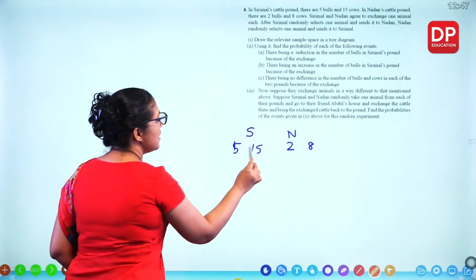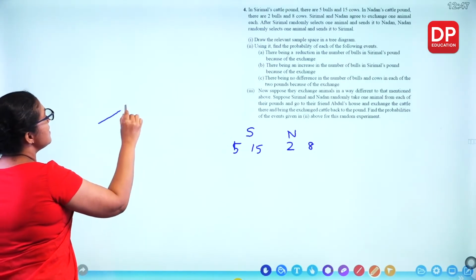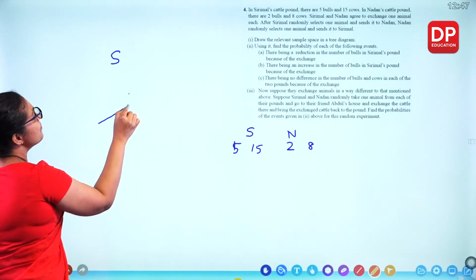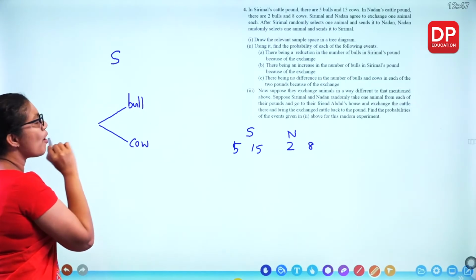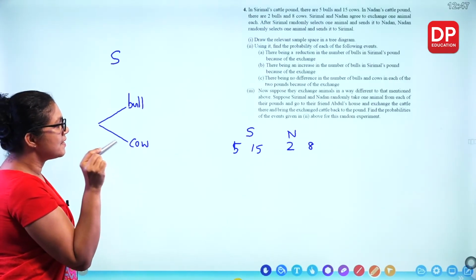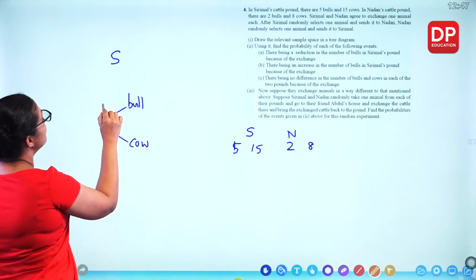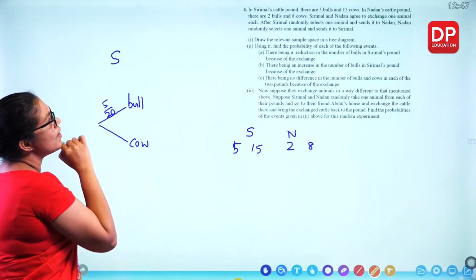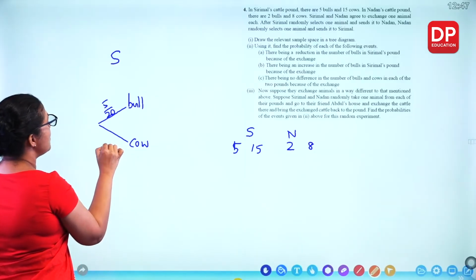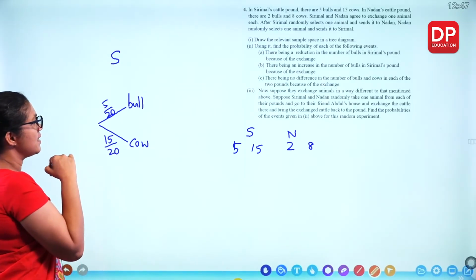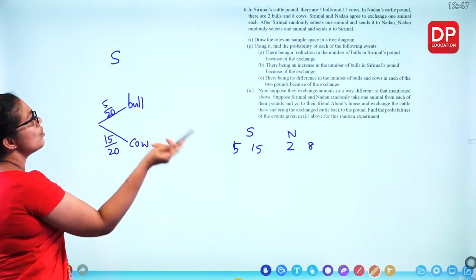So think about Sirimal having this one. So here for Sirimal, selecting a bull or a cow. What's the probability of selecting a bull? Selecting a bull is 5 over 20. What's the probability of selecting a cow? 15 cows are there out of 20. So this is Sirimal selecting an animal and giving it to Nathan.